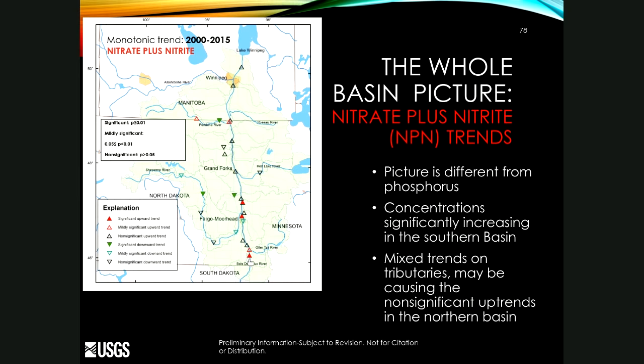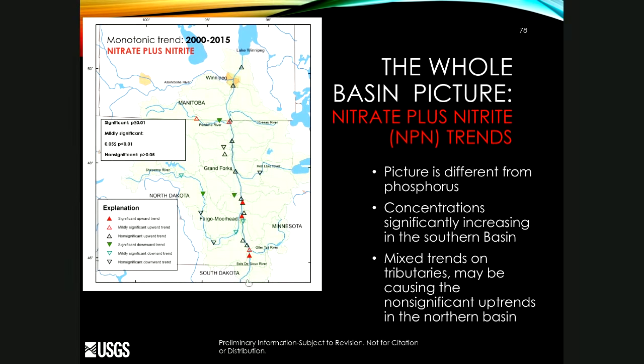It's my understanding that the Sioux watershed has more drain tile, or at least they started implementing drain tile in that watershed earlier than the other watersheds in the basin. So the upward trend might be related to drainage tile, I don't know that for sure. But the concentrations tend to be increasing in the southern basin.